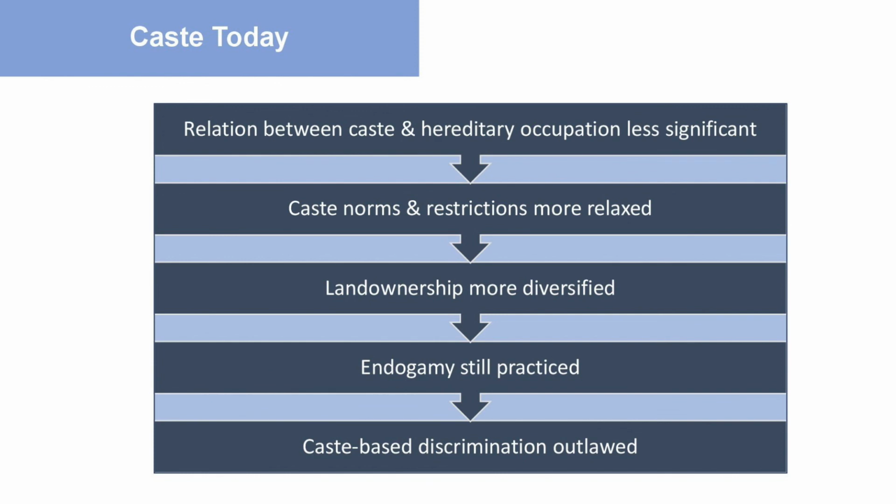Endogamy is still enforced among families, but we also see a little fluidity coming in there. We see that caste has become a means for competing for access to resources, to power, for educational opportunities, for new occupations, and for improvement in life chances.